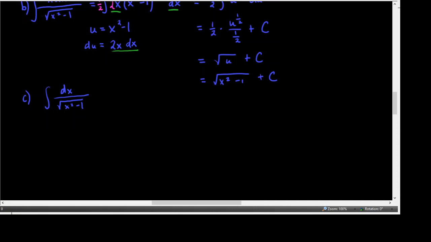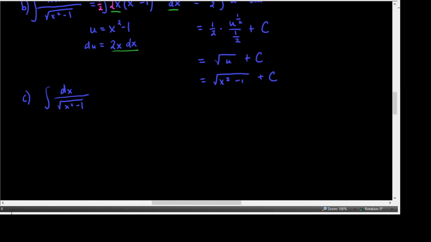But there's no possibility of getting an x inserted in front of that radical in the denominator, so we can't use number 20. We can't use u substitution either, because if you'll recall, we needed to have that x up there with dx in order to get our du. So u substitution will not work.